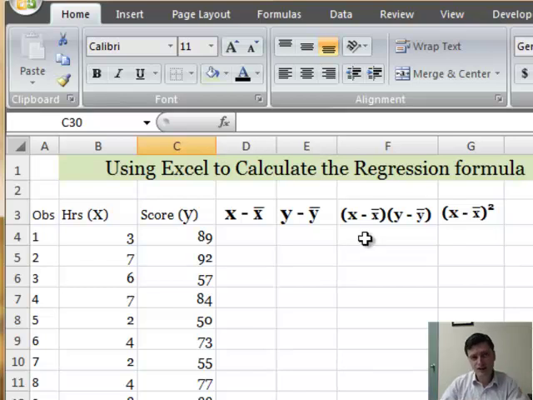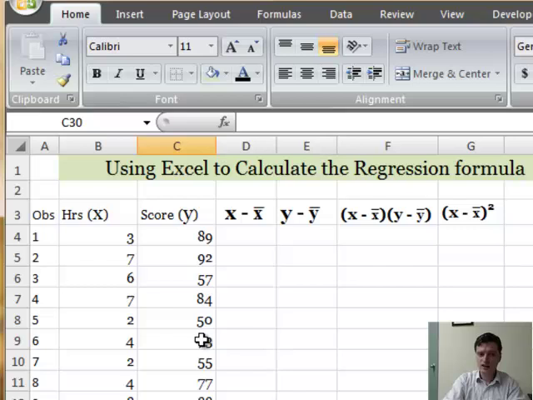And another step would be to square the difference of the predictor, the difference of x minus x bar. Then while I have all of these things, I will get the sum, and I will find the B, or the slope of the equation of this regression.